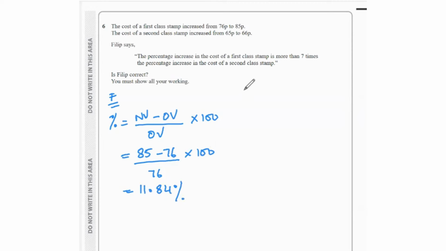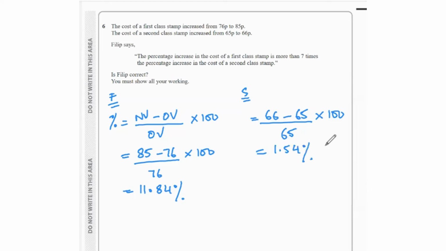Now for the second class stamp, it's going to be 66, which is the new value, minus 65, the old value, divided by the old value, which is 65. And then we times that by 100.